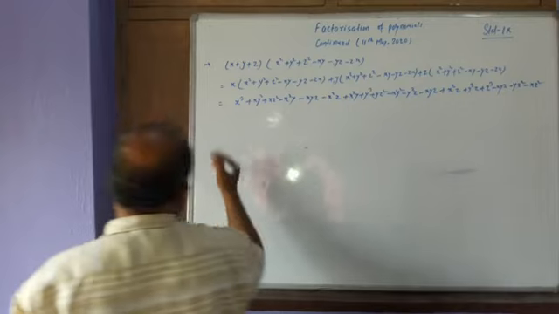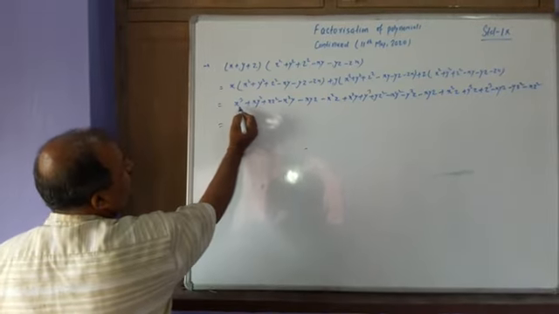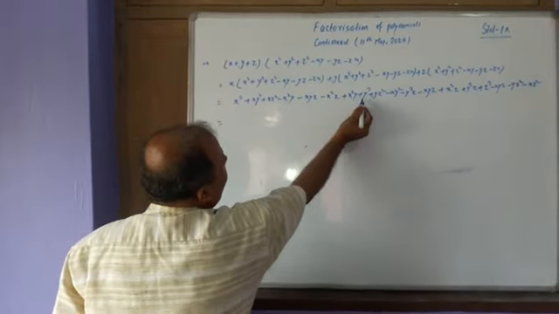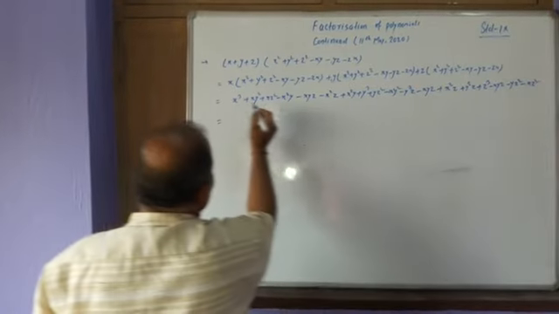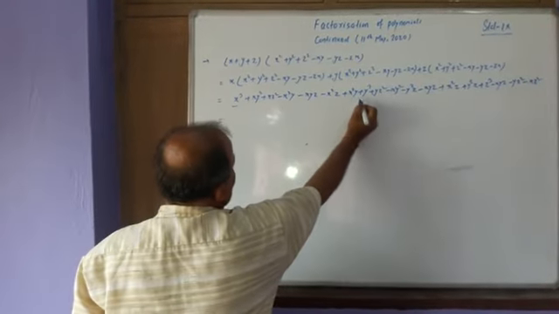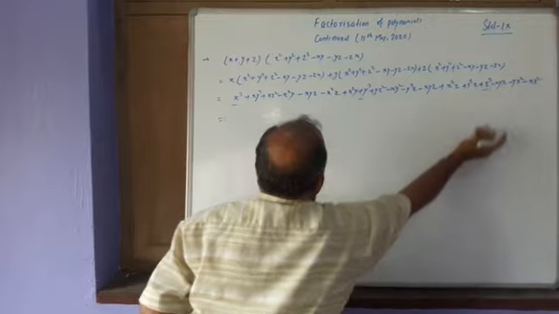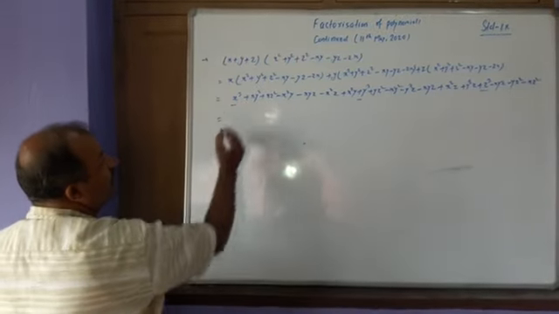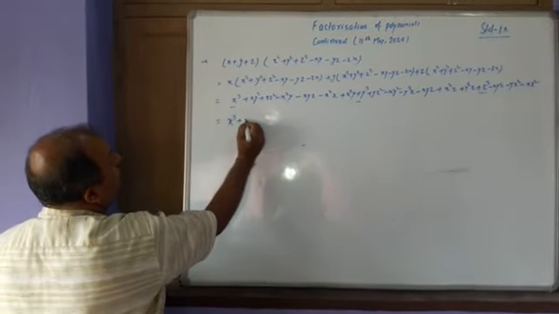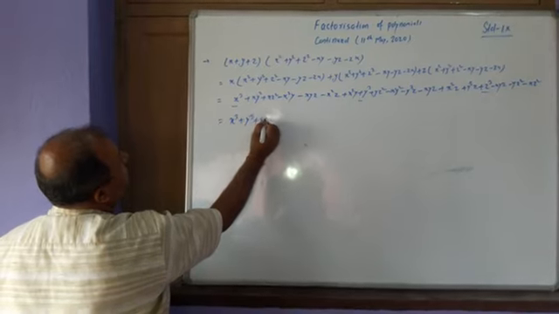Here we have x cube, here y cube, and here z cube; we underline them so that these terms will be kept in mind. Here, x cube plus y cube plus z cube.